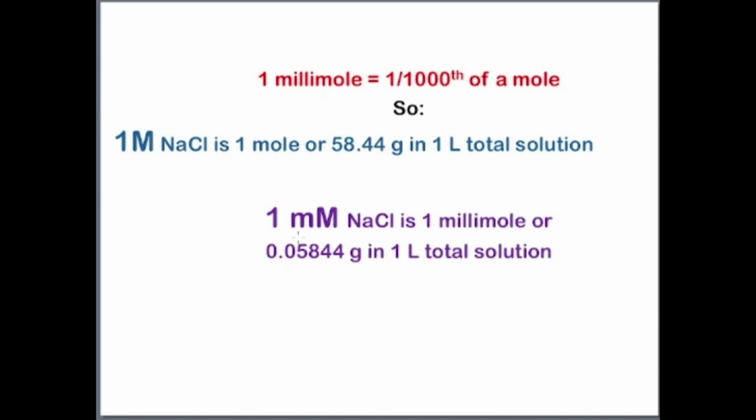So 1 millimolar NaCl is 1 millimole per liter of solution, or 0.05844 grams per 1 liter of solution. So a millimole is basically 1/1000th of a mole, and millimolar would be 1/1000th of that formula weight per liter.